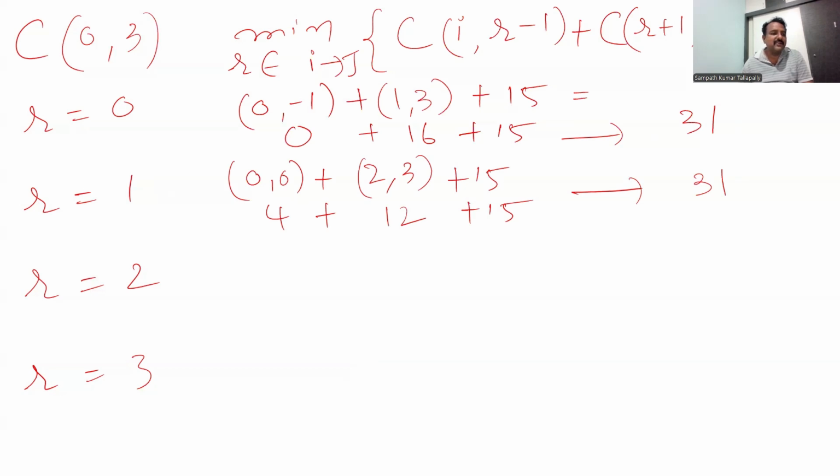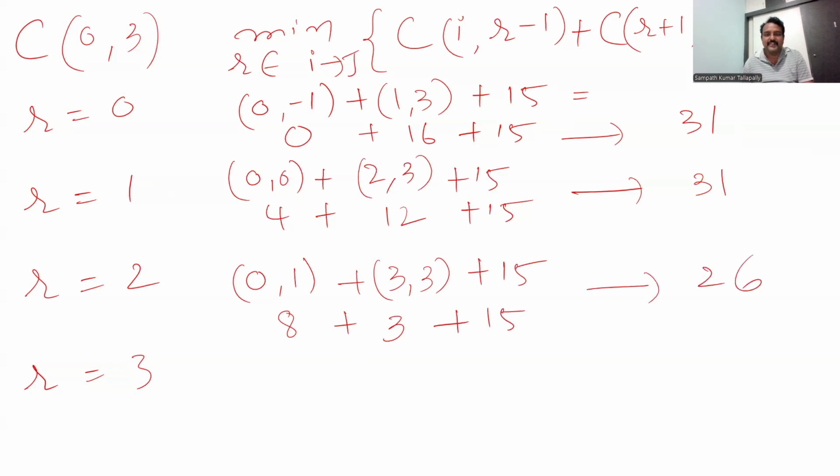Now we calculate when R is equal to 2. If R is equal to 2, then (0,1) plus (3,3) plus 15. (0,1) is equal to 8, (3,3) is going to become 3, plus 15. This is going to give you 26.